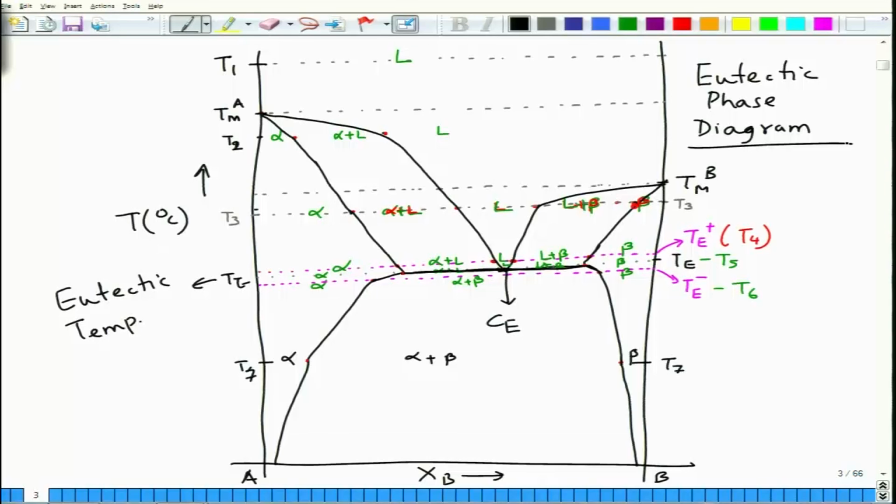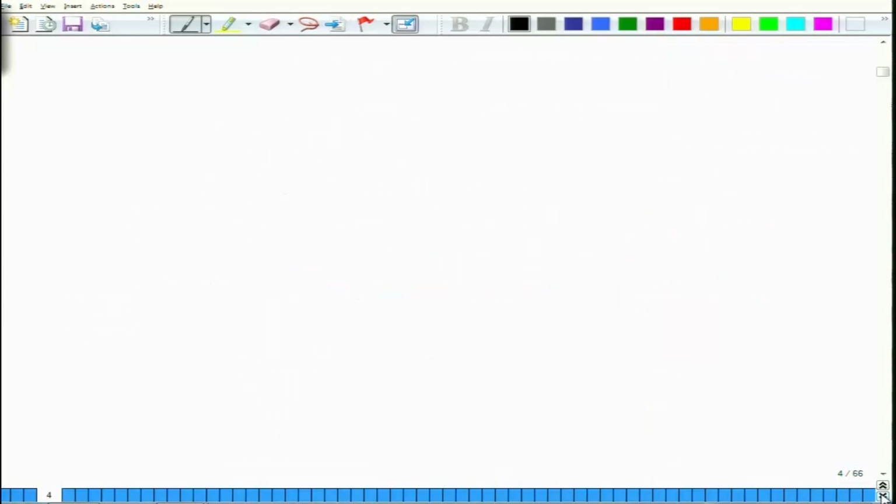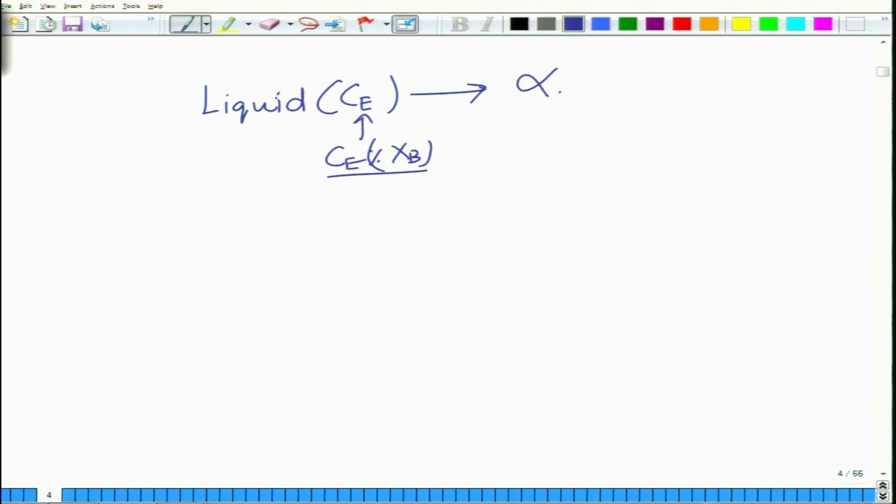And basically what happens is that this phase diagram is characterized by a phase reaction in which liquid of composition CE, so CE is basically CE percentage of XB, in mole percent of XB, transforms into solid phase alpha of composition C alpha and into beta phase, which is of composition C beta.